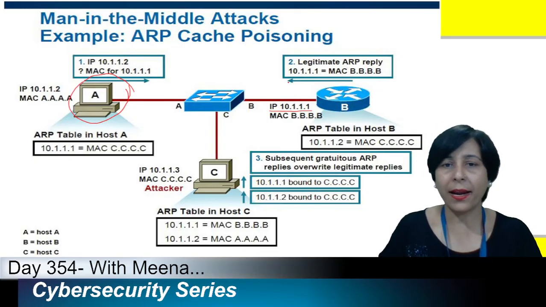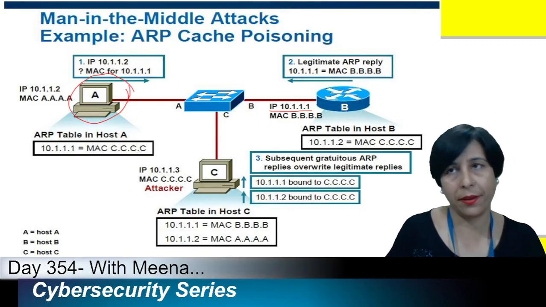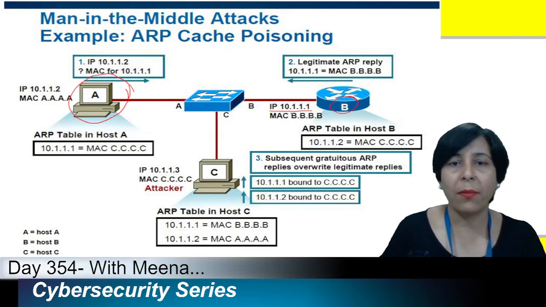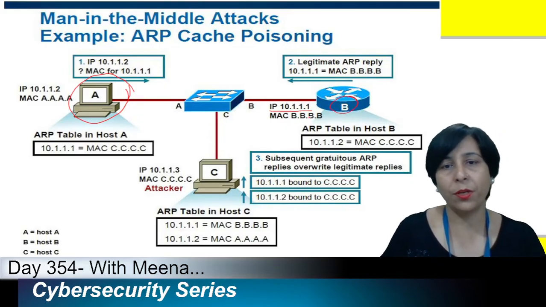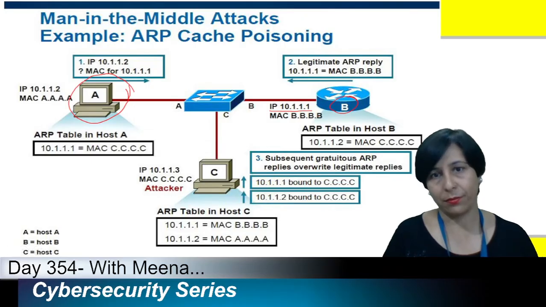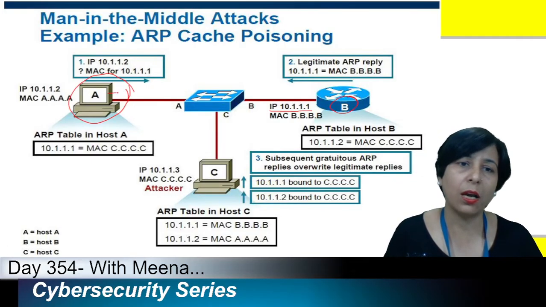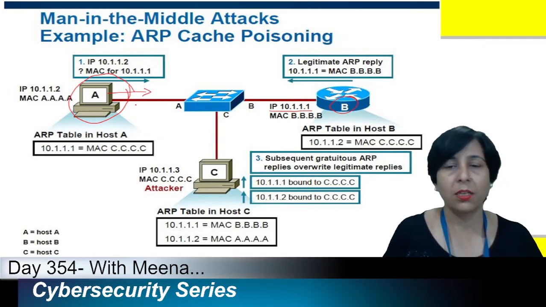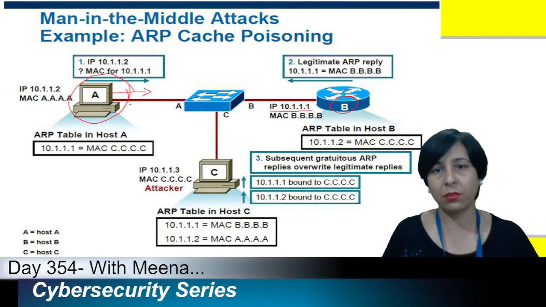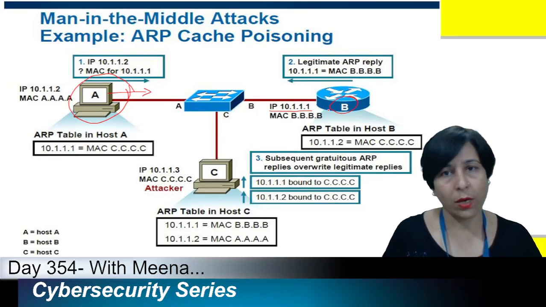The MAC address of A is, for example, AAA, and for the router, that's B, the MAC address is, for example, BBB. Once they want to communicate, device A doesn't know the MAC address of 10.1.1.1.